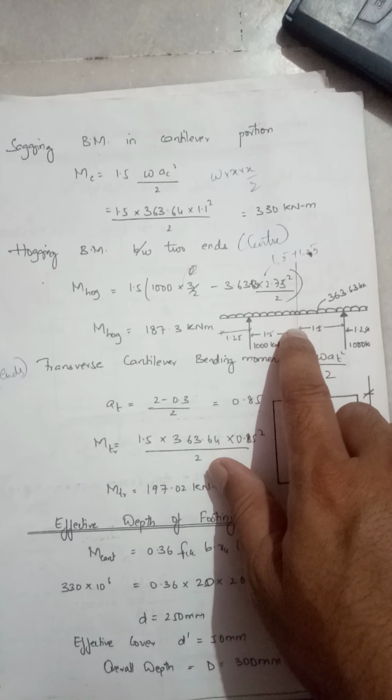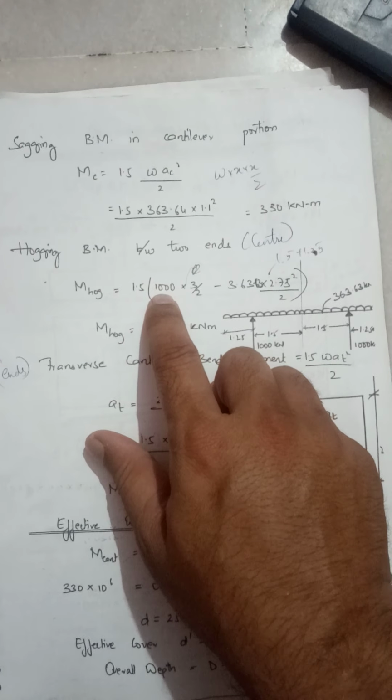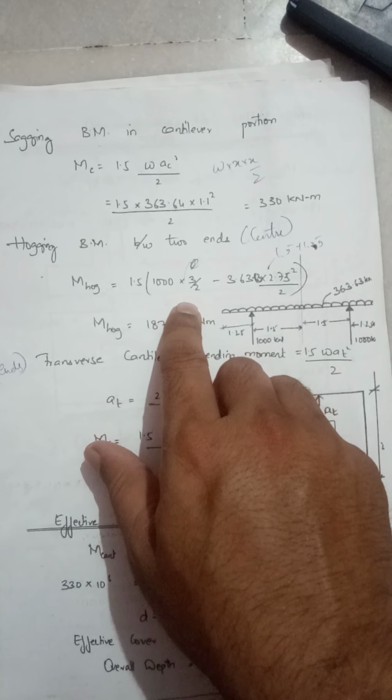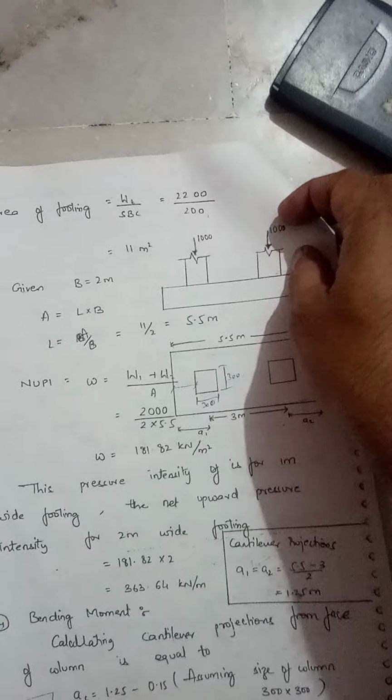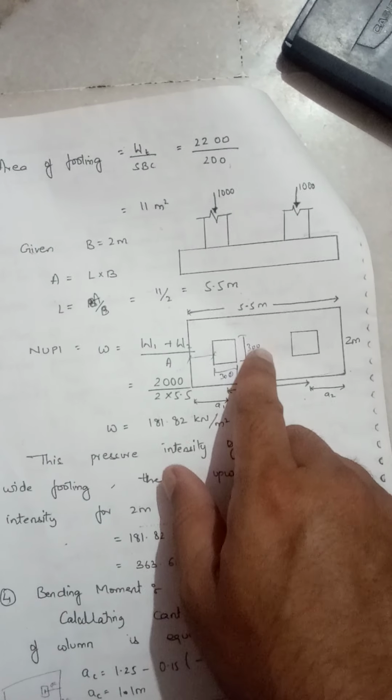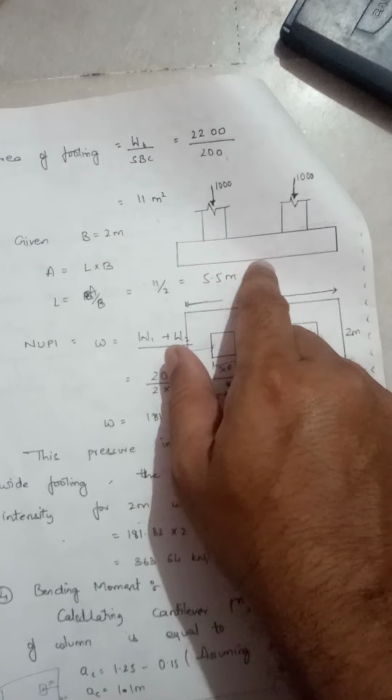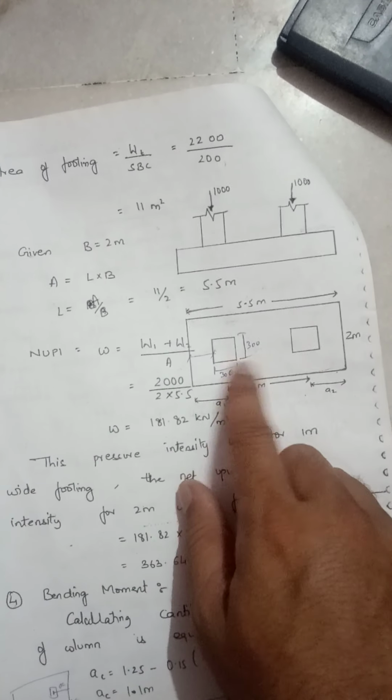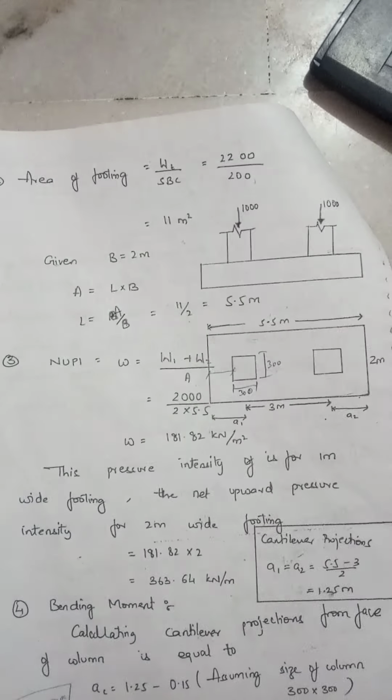So 1000 into 3 by 2. 1000 is the load, and I want to find the moment at the center.